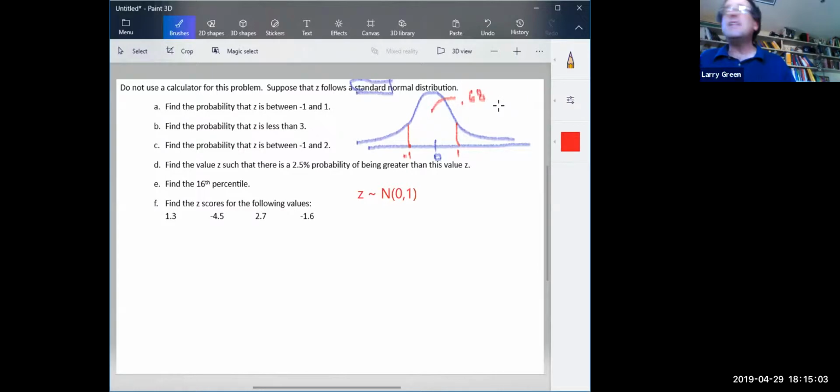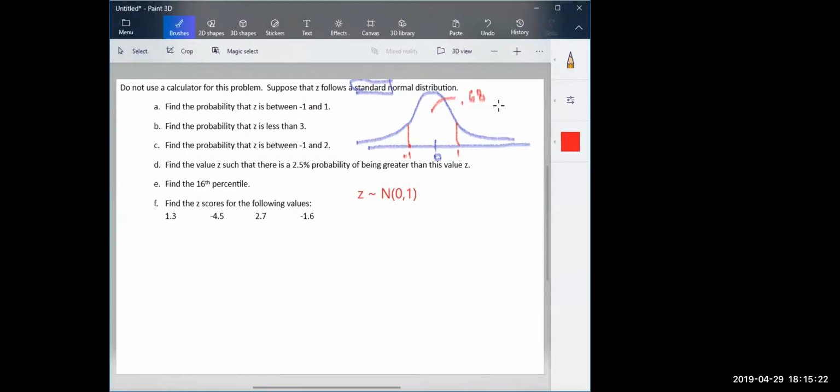And we've seen that number before. Where have you seen that number? A little while ago, a few chapters ago. Yeah, that was the empirical rule. That within one standard deviation, if you have a bell-shaped or normal distribution, you get 68%.